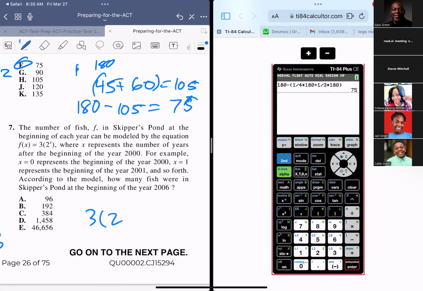So 3 times 2 to the x, we would say 3 times 2 to the 6. And you would just put this in your TI-84, 3 times 2, and then press the caret button, and then press 6, and then your answer is 192.